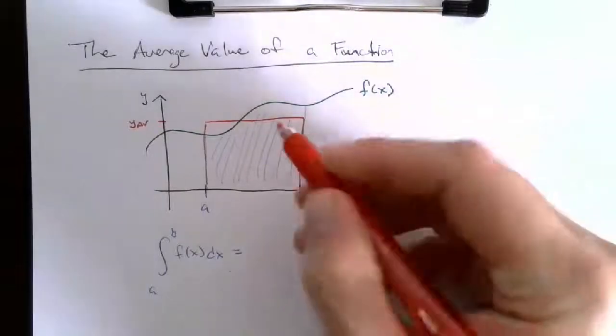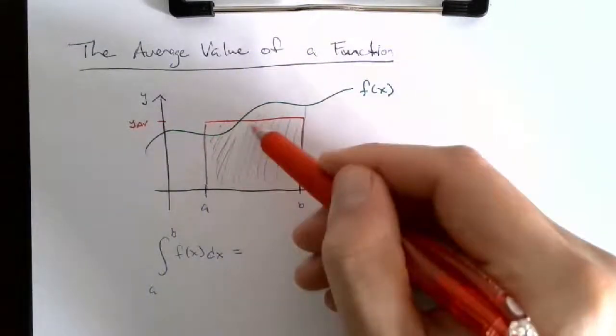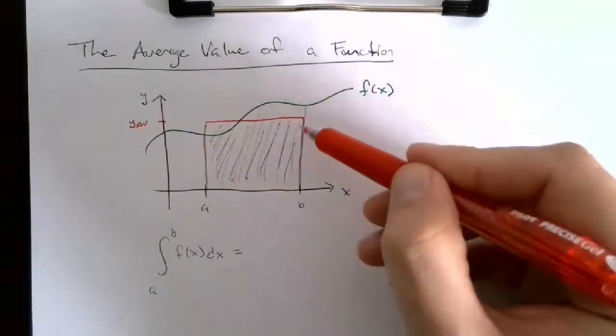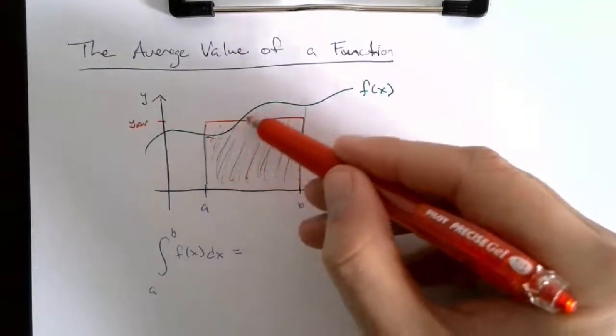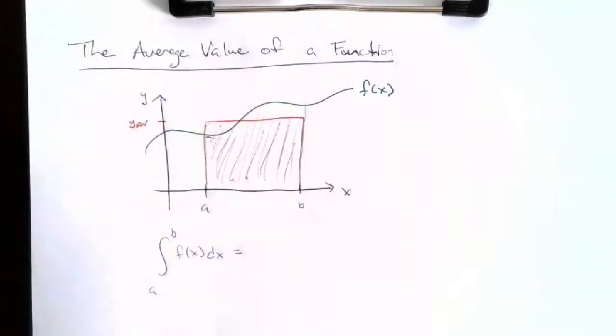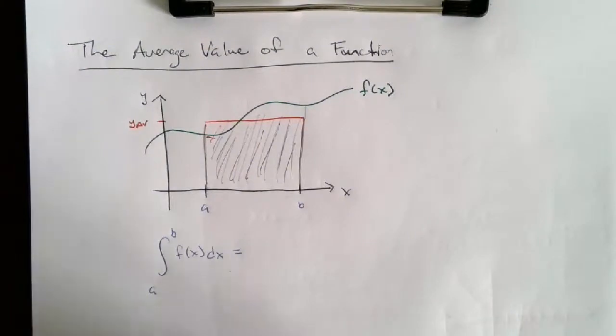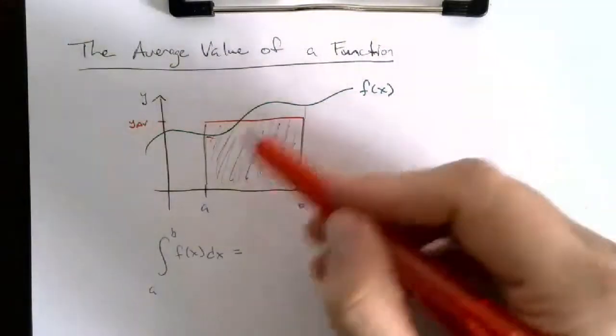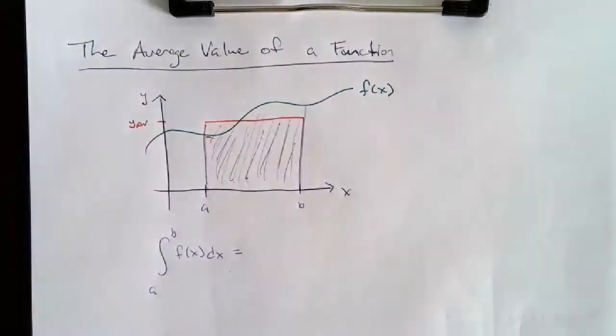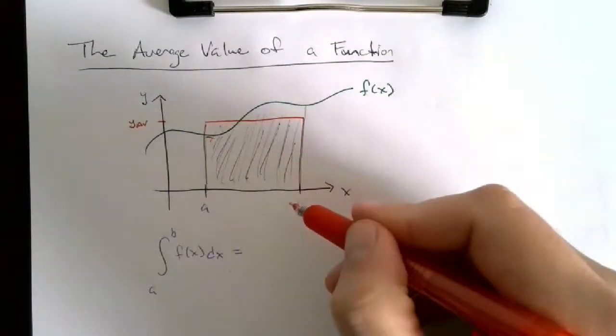And we're looking for a rectangle that goes from a to b. This rectangle that I'm drawing in red would have the same area as what was underneath the function f of x from a to b. So I'm looking for a rectangle that has the exact same area as the area under the curve. Well, what would the area of this rectangle be?